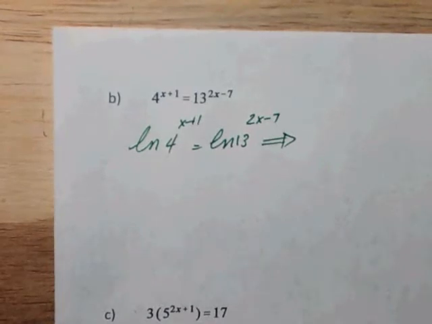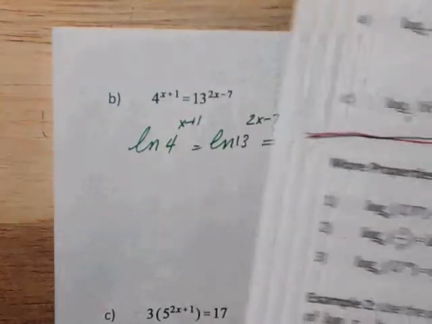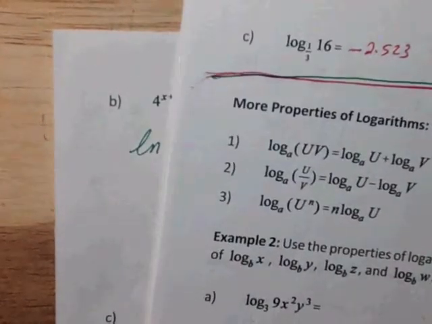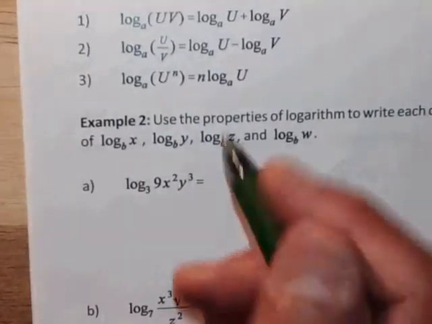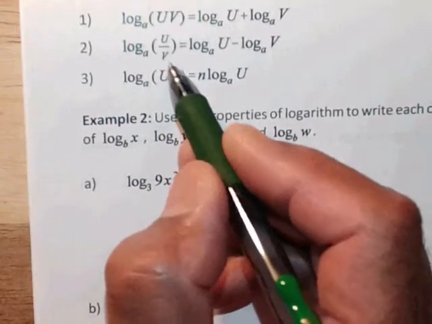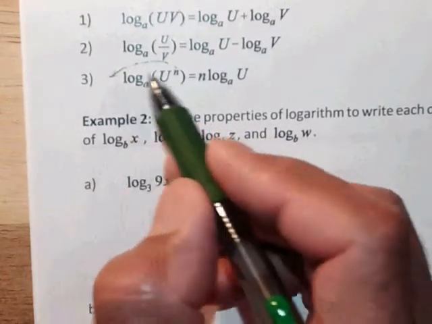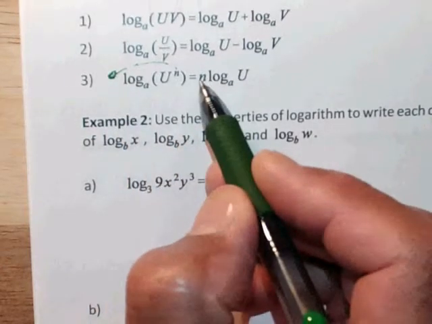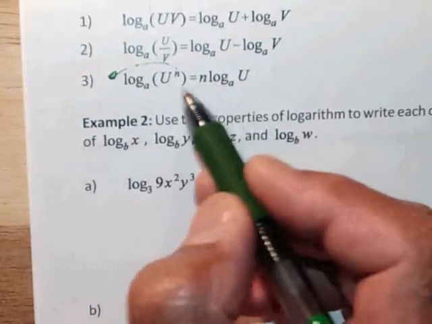Then if you use the previous section 3.4, let me just find that formula for you. Yeah, see, if you have this property, if you have the logarithm of u to the power n, this n moves out and becomes a coefficient. You see, so that makes it a lot simpler.